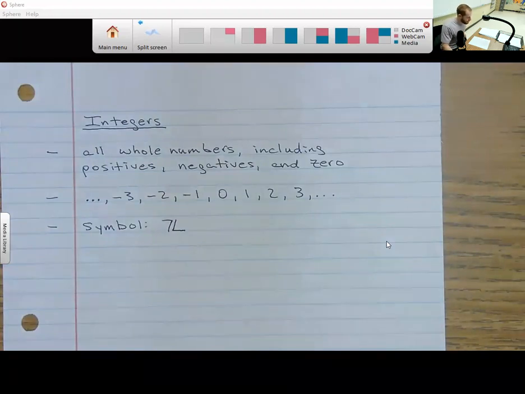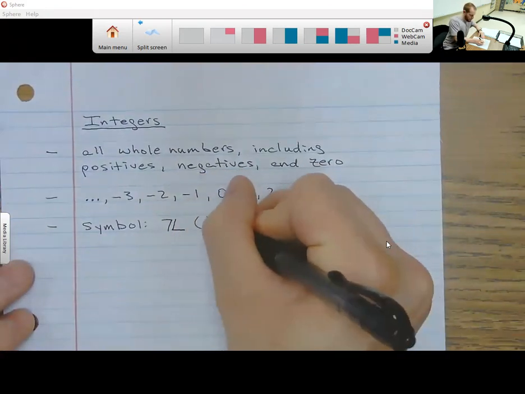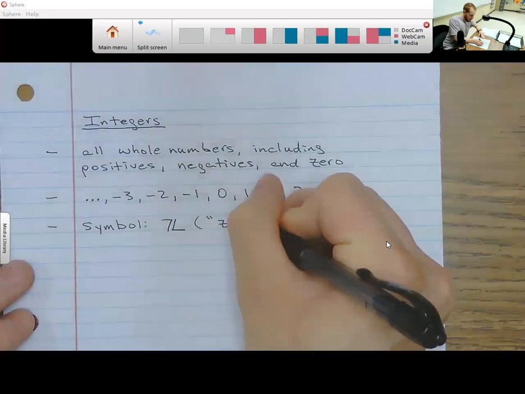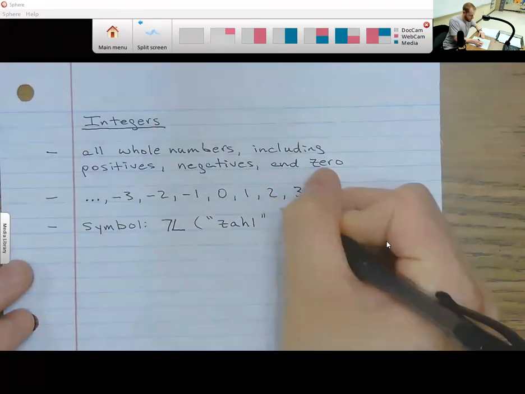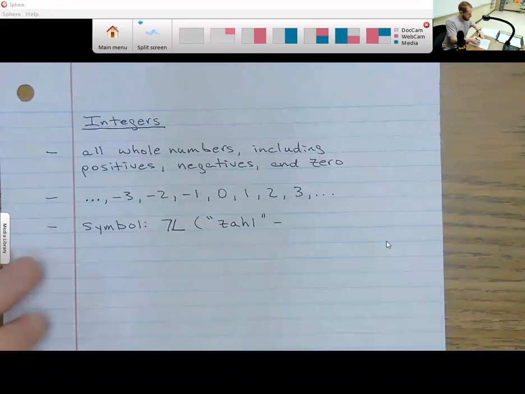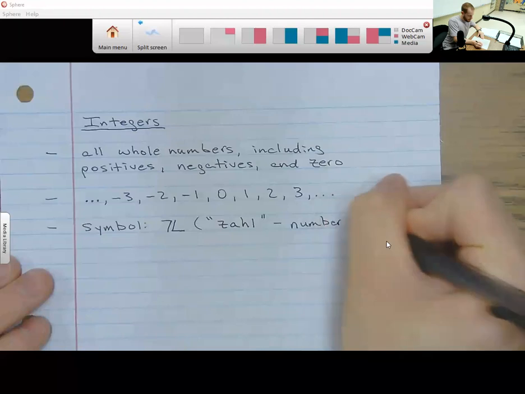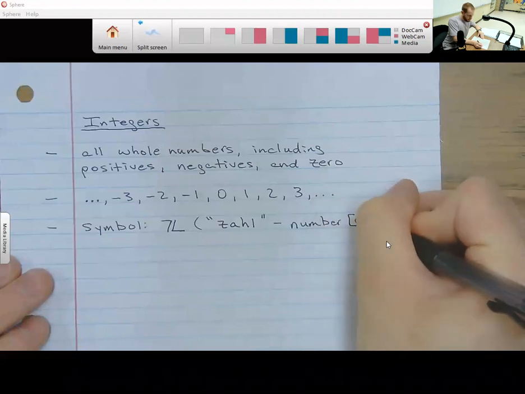So why are the integers represented by a Z? Well, this is actually from a German word, Zahl, Z-A-H-L. Zahl is the German word for number. And of course, this is in German.